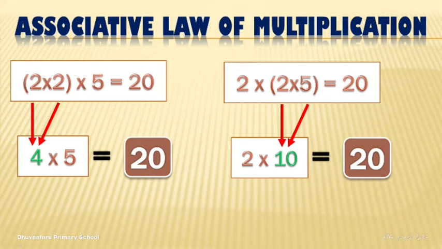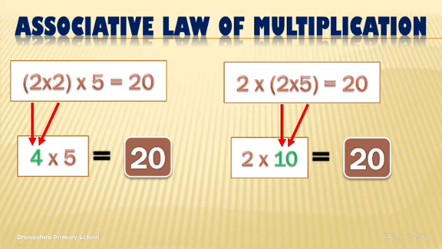Now all that is left is 10 times 2. What is 10 times 2? 10 times 2 is equal to 20. Good job, students. We can see that both problems give us the same product.